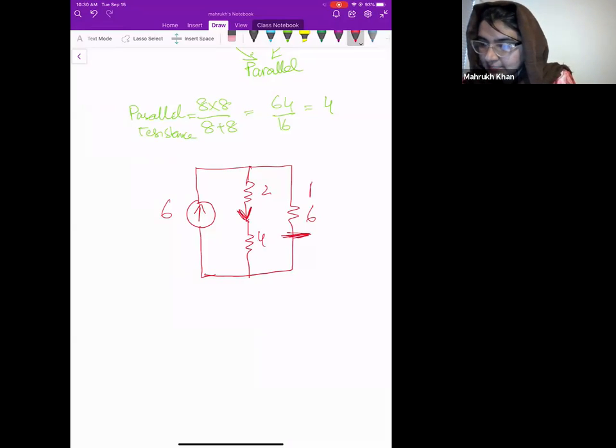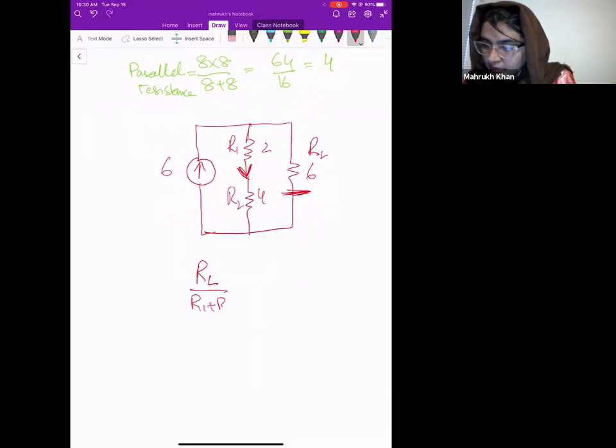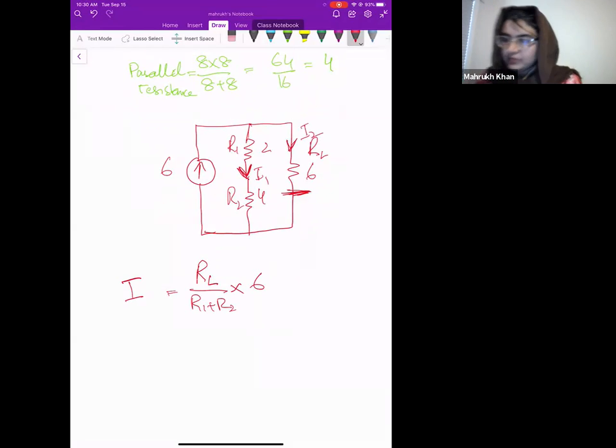So this is, let's say, RL. So this could be R1 or R2. So RL divided by R1 plus R2, multiplied by 6 amps, will give me I1 if this is I2. You see what my point is?